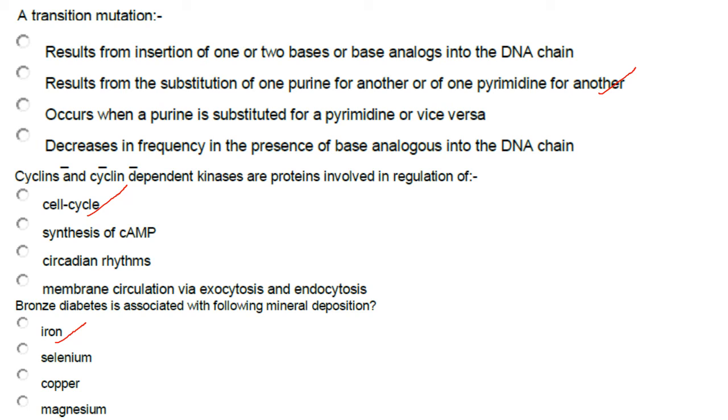This form of diabetes is associated with an underlying liver disease known as hemochromatosis. Hemochromatosis occurs when there are high pathologic levels of iron accumulation in the body. So bronze diabetes is associated with iron accumulation.